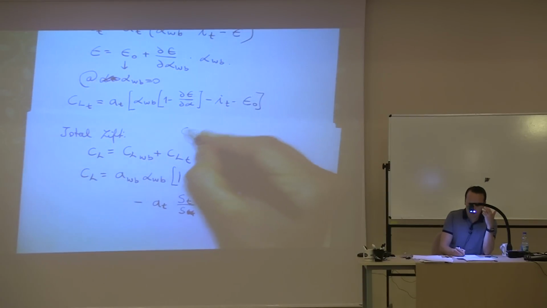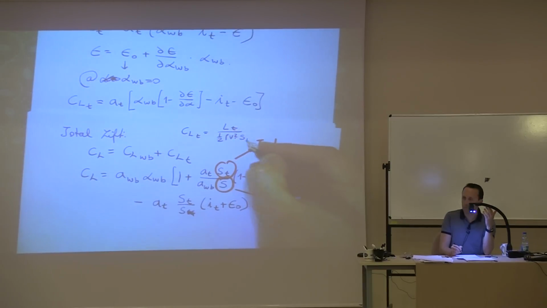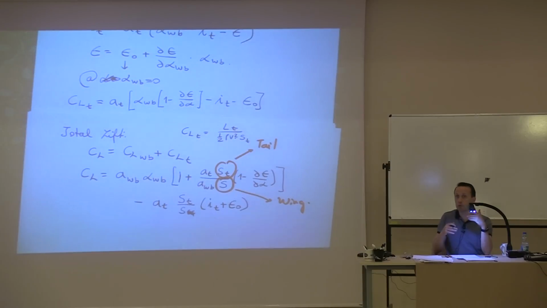For example, CL tail is lift of tail divided by 1 over 2 rho v squared times S. What S are we going to use for the tail? S of the tail, right? For the wing or the wing body, we are going to use whatever that reference is.